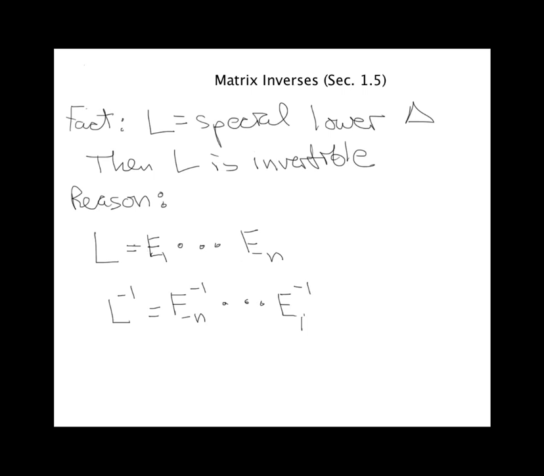And recall that each individual inverse of an elementary matrix is also an elementary matrix, where you recall you just take the matrix and change the sign of the only non-diagonal term. So the upshot is that it's very easy to compute inverses of lower triangular matrices, and it's convenient to take advantage of that often.